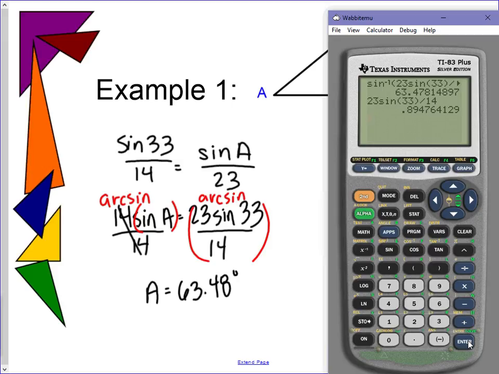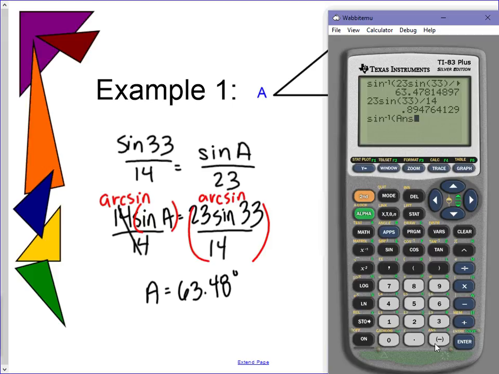If you evaluated this right side and got a decimal, and then you want to take the inverse sine, do second sine. One option would be to type in all those numbers. The other option is second negative. When you type second negative, right above the negative sign, it says ANS. It means answer, and that button will pull up the previous answer.